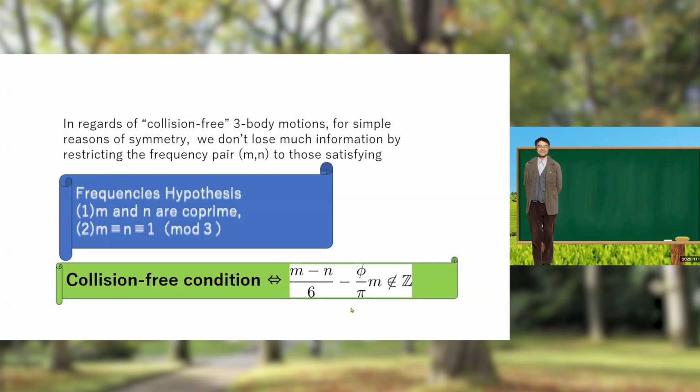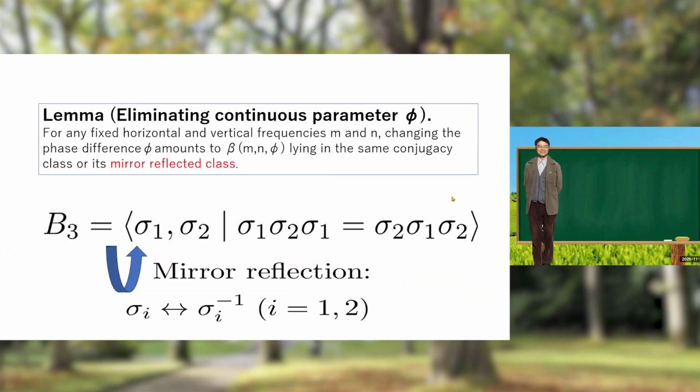Then we obtain collision-free three-body motions. So phi is not a big problem for our classification. This is the reason why we can essentially neglect the continuous phase parameter.